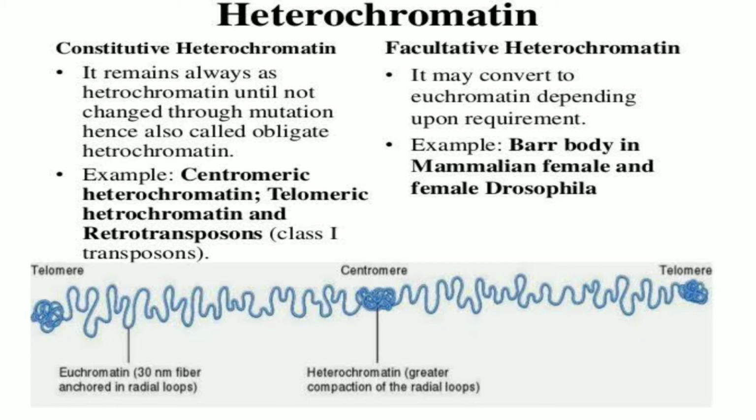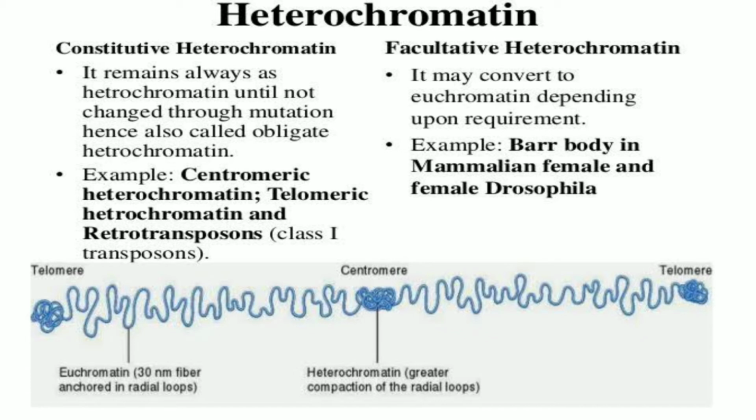It is actually a darkly stained network of long and fine threads called chromatin fibers, which are suspended in the nucleoplasm of the interphase nucleus, and it was first reported by W. Fleming in the year 1879.